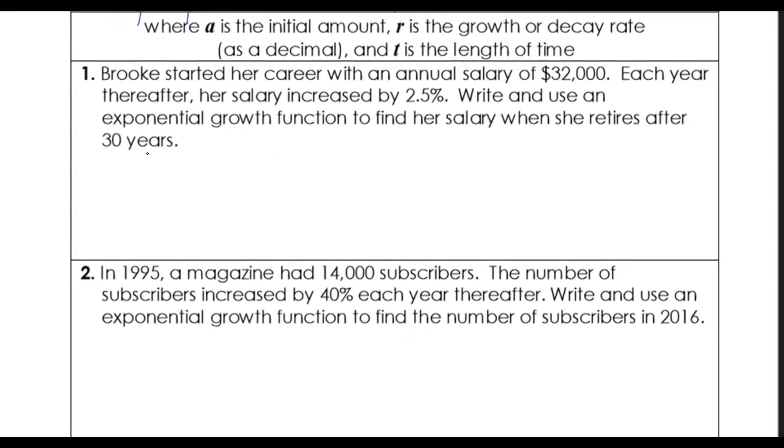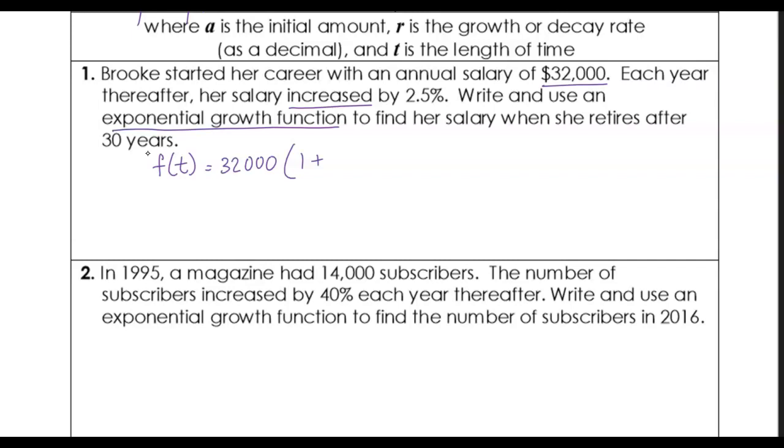It wants an exponential growth function, so I'm going to write this in function notation. f of t is equal to our initial amount, which is $32,000, that's her starting salary, times 1 plus, now because we're increasing, I do a plus.